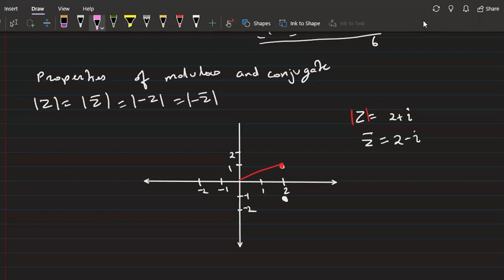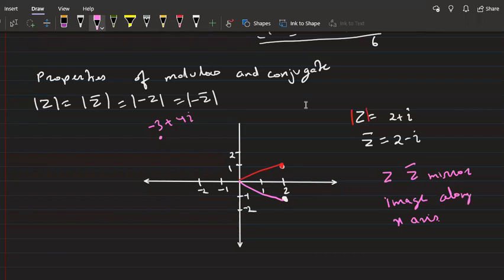Now, don't you think that these two distances should be the same, right? Because it is just the mirror image along the x-axis. Z and z bar are mirror images along x. Yes or no? Got it?